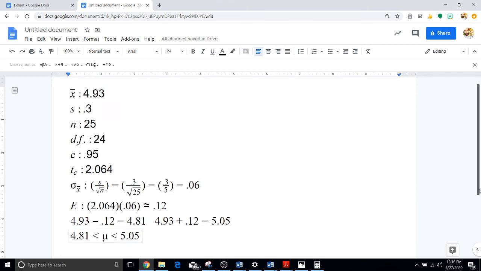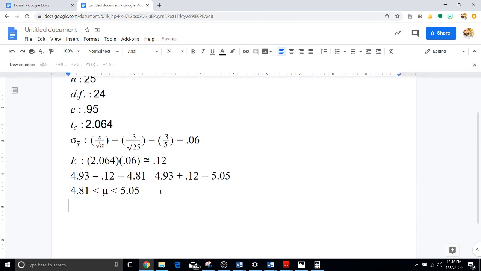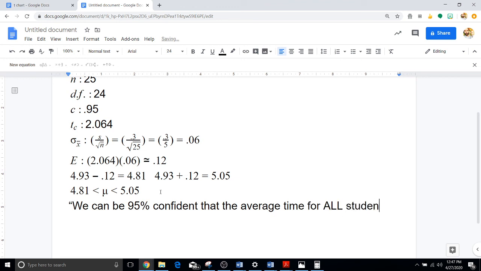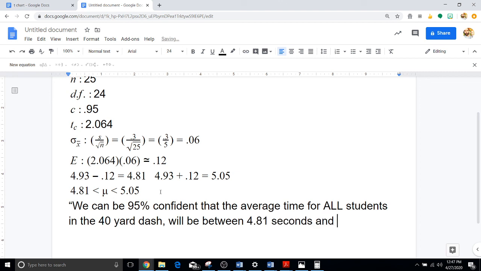So we can be, let's write this out, quote, we can be 95% confident that the average time for all students in the 40-yard dash will be between 4.81 seconds and 5.05 seconds. And that is our answer.